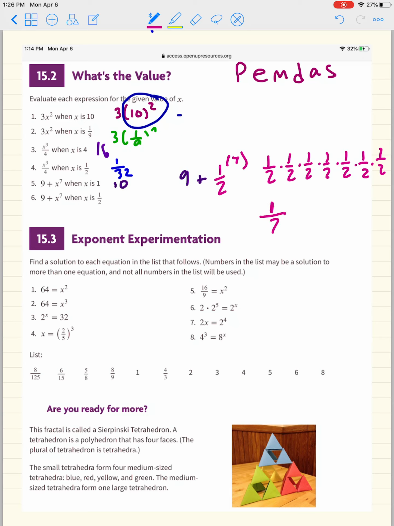I'm going to end up with 1 over, 2 times 2 is 4, times 2 is 8, times 2 is 16, times 2 is 32, times 2 is 64. Sorry, I'm right. Just making sure I'm staying on track.